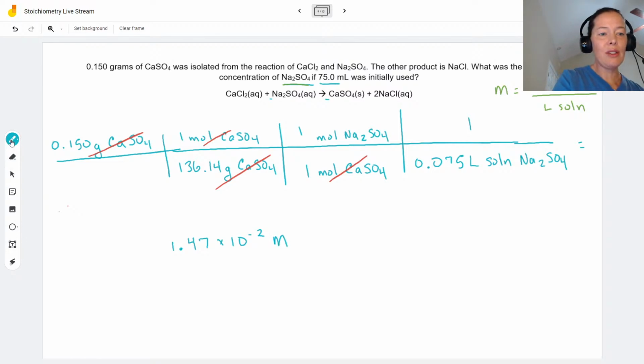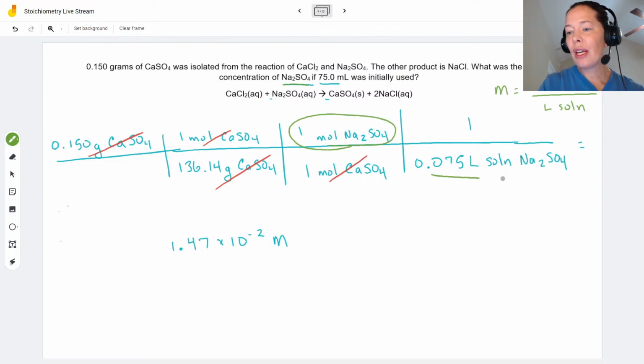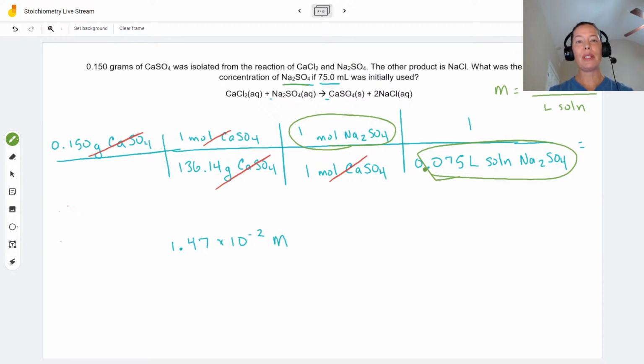And the one thing I do want to point out here is, remember, molarity is moles per liter. So do I have that in my units? And I do, because here are my moles, here are my liters. So in our previous problems, I canceled out all of the units except for the last one, the one that we were going for.